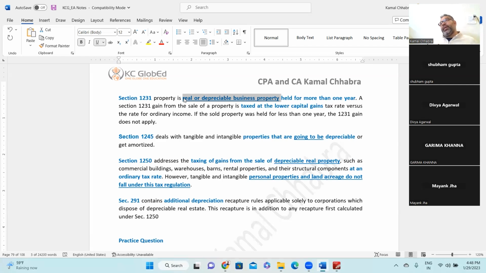And what is 1250? Sale of depreciable real property, sir. Like getting gains from the sale of depreciable property. For example: commercial building, warehouse, at ordinary tax rates. Yeah, Rajat. Yes, sir. Vivek, what is 1250?